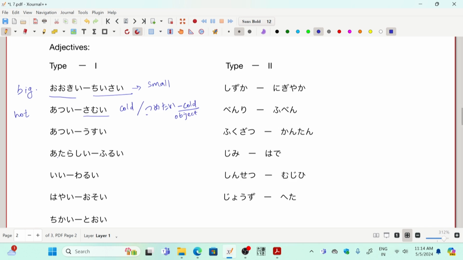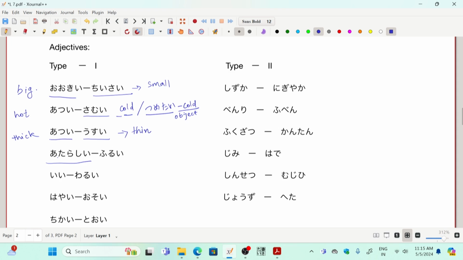The things we can touch is tsumetai if it is cold, but things which we cannot touch, like weather, we can only feel it, it will be samui. Next is again atsui. Atsui also means thick, and opposite will be usui, which means thin.